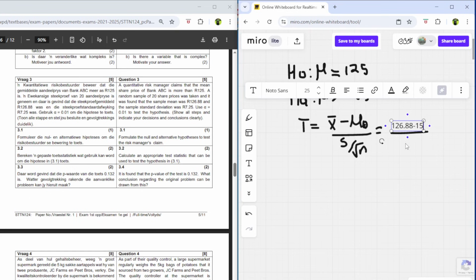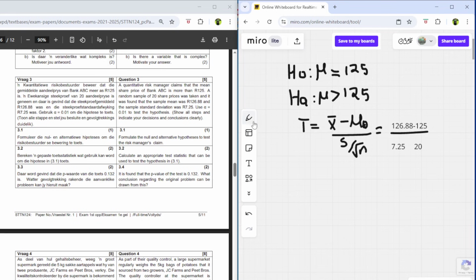So it's going to be 126.88 minus 125, which is the main claim, and then we divide by the sample standard deviation, which is 7.25, divided by the square root of 20.